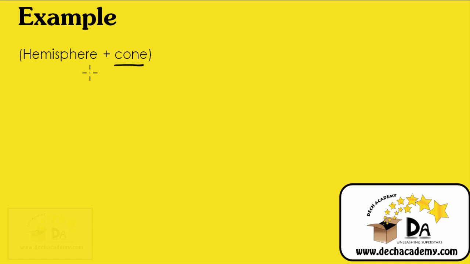It's made up of a cone and a hemisphere. So I'll just sketch the shape.